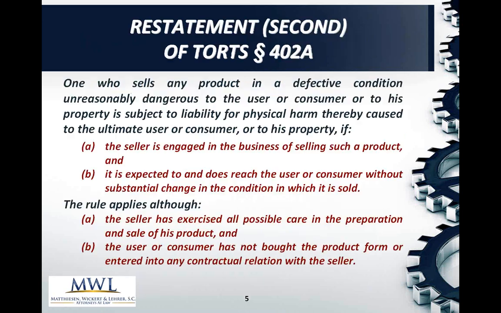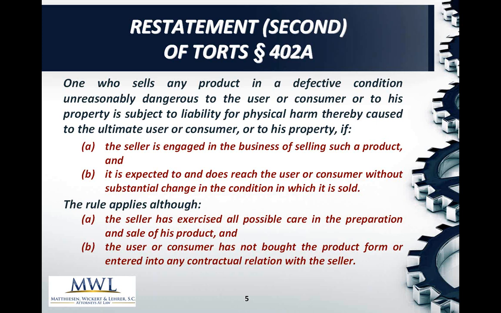But just going through the Restatement Second of Torts, this is Section 402A, and this is the language that you have to follow along with, because a lot of states early on have adopted this. A lot of times it's called the Consumer Expectations Test, and that comes through Part B there.